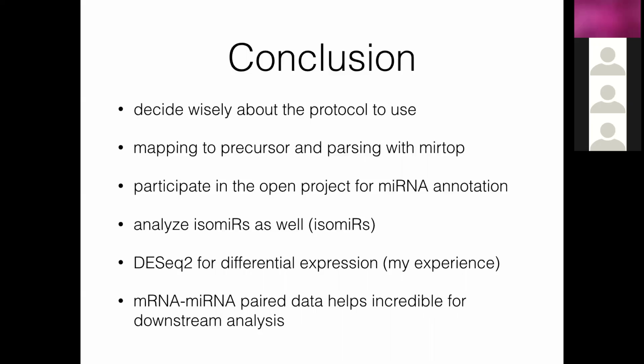I think that the parsing step of the microRNA and isomer annotation is important. We are trying to solve that with this project that we have in GitHub and the MIRTOP tool. If some of you start using that and have more ideas, please go there. We just have the issue page, and we just want to have some kind of standard.